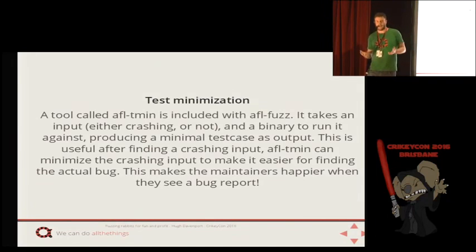But when you're filing upstream bugs, and you say, hey, I found this input, it looks like this, and you give them like a 200 byte string, and it's just full of random characters, hey, this crashes your program. It's much better if you can run it through AFL tmin, which then makes it a lot smaller, so you might be in the order of like 50 bytes. So this makes the maintainers a lot happier, and it also makes my job of triaging and finding where the bug is a lot easier sometimes.